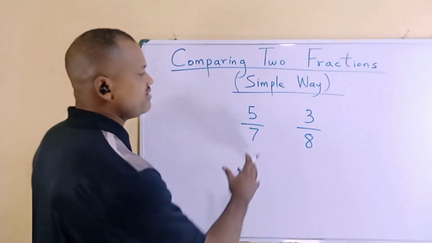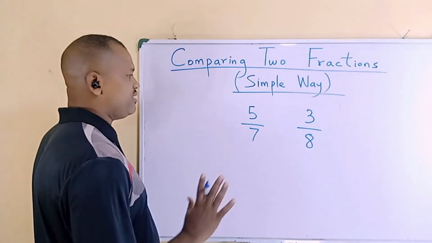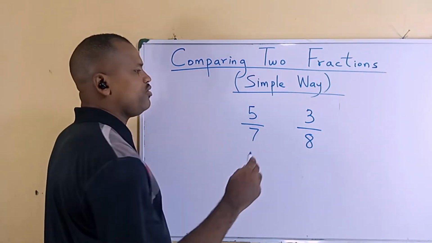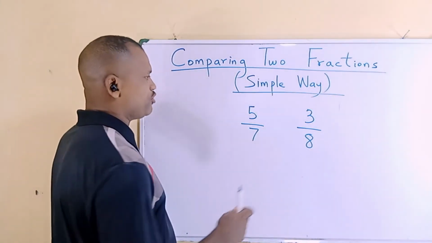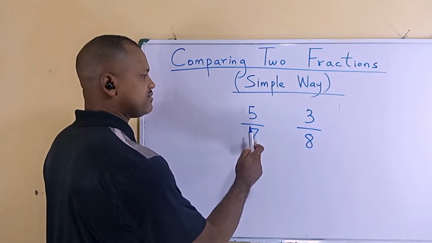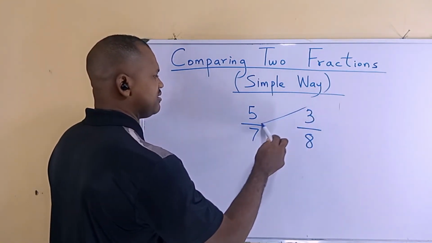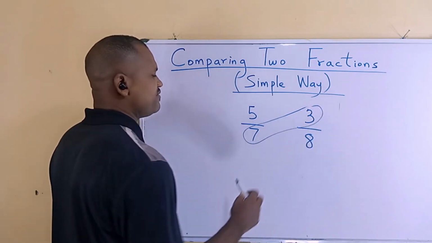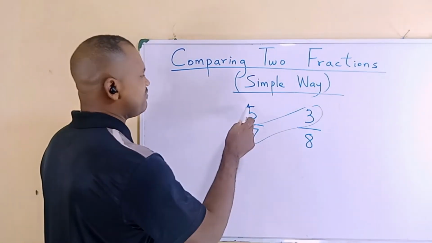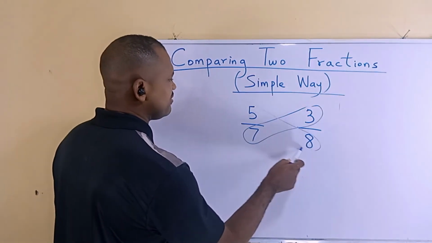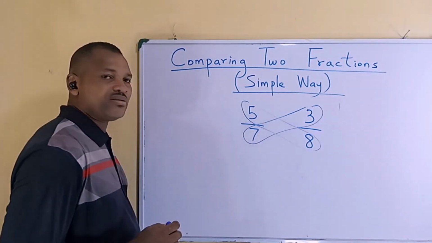If you're asked to compare these fractions, what to do is this. You cross multiply. You multiply 3 times 7, and then you multiply 5 times 8.